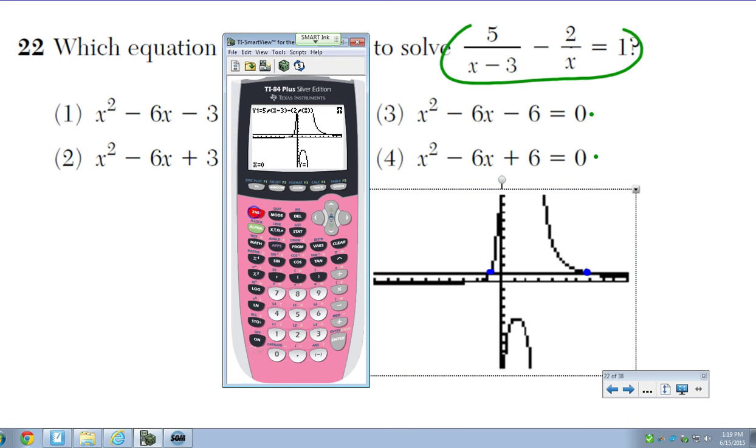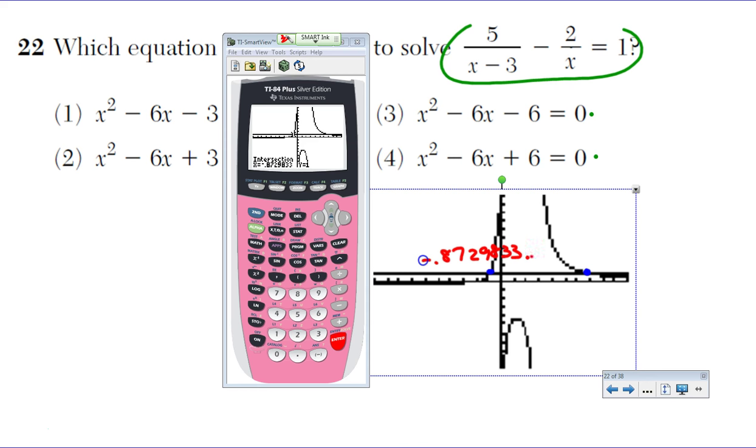So I'm going to do the intersect method on your calculator. Okay, so we get negative 0.872983... Usually if it's that crazy of a number and it's the whole span, it's probably going to keep on going. Now the only thing that stinks is that that's not the true accurate answer.